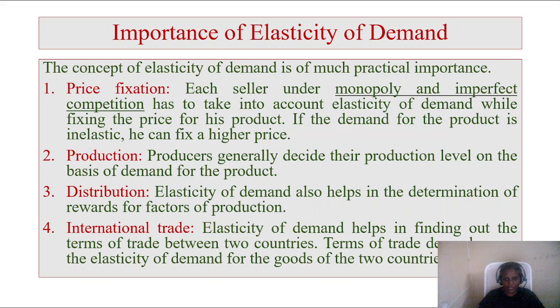These are the various types of markets we see. Specifically for the monopolist or the sellers in an imperfect competition market, price fixation depends upon the elasticity of demand. What is monopoly?